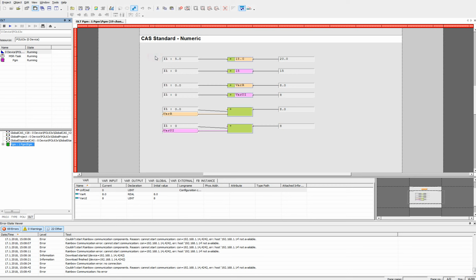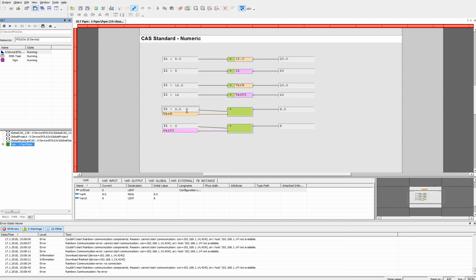5 plus 15 is 20. 5 of unsigned integer plus 15 is 20. 12.0 plus 8 is 20. 12 for unsigned integer plus 8 is 20.